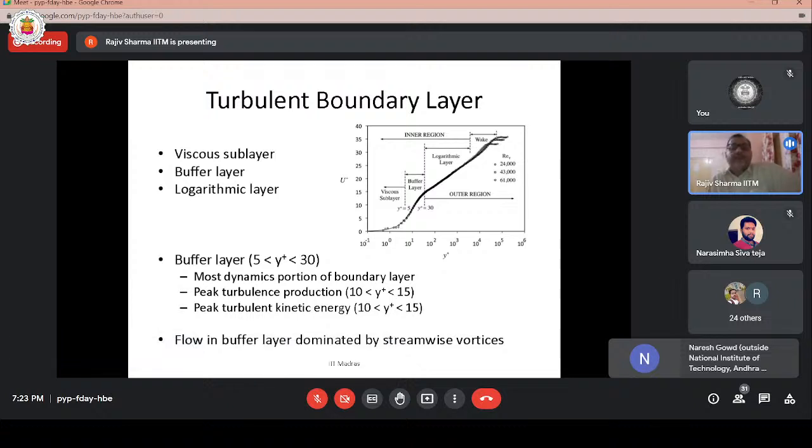Flow in the buffer layer is dominated by streamwise vortices. And all these concepts, for example, turbulent modeling, the total amount of turbulent kinetic energy available, peak turbulence protection are utilized in designing systems which will alter the basic flow characteristics.